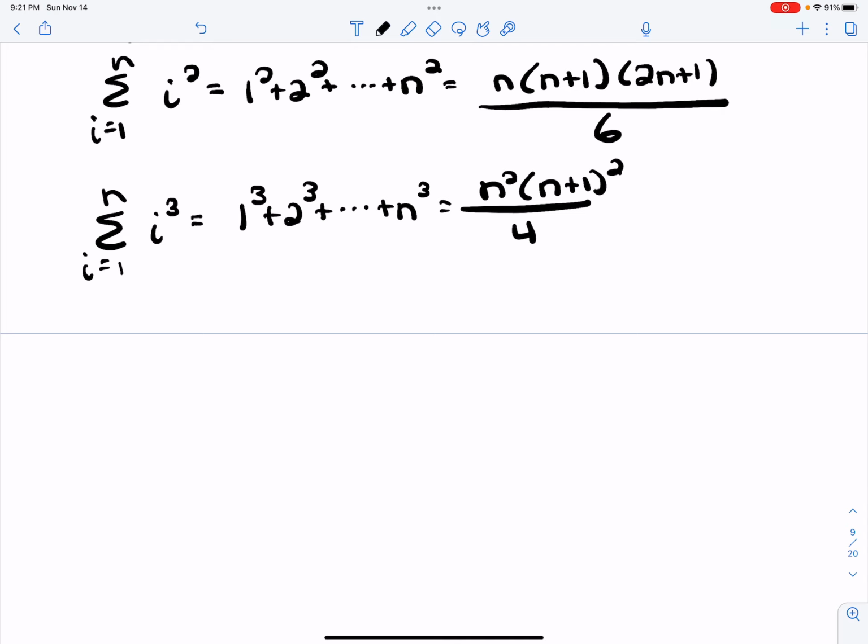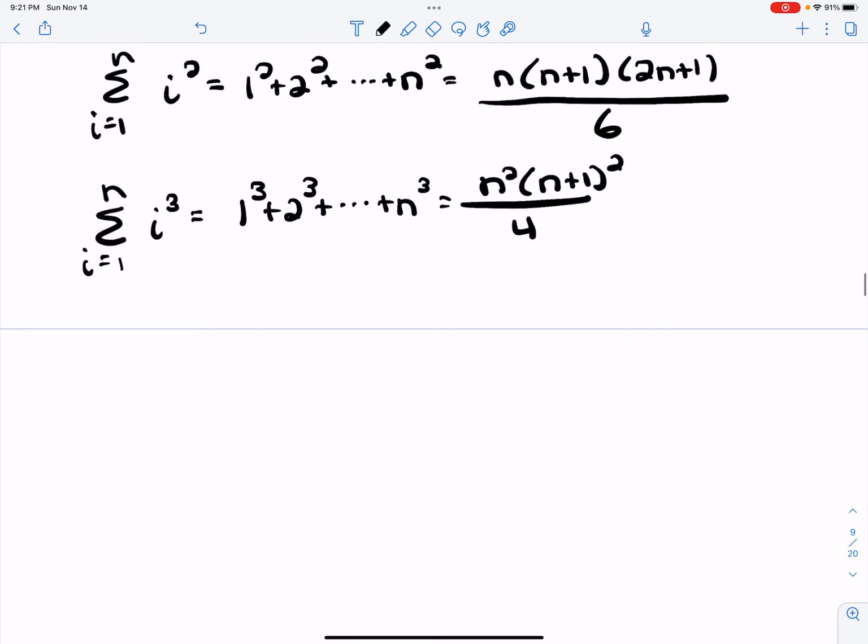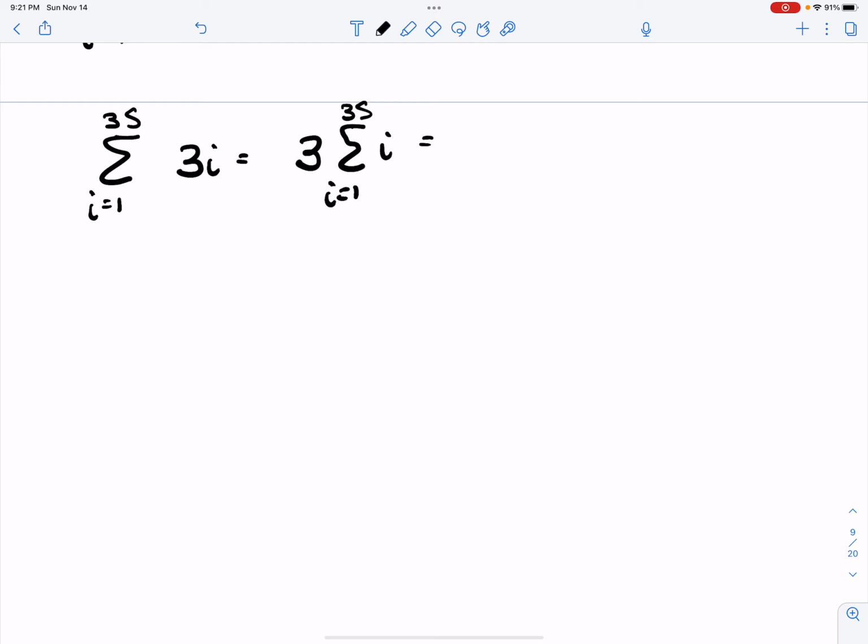So these can help us further with some of those problems earlier. So remember the problem with i equals 1 to 35 of 3i. I had said, well, you could do 3 times the summation of i equals 1 to 35 of i. Oh, we did that one already. Well, no, we did.